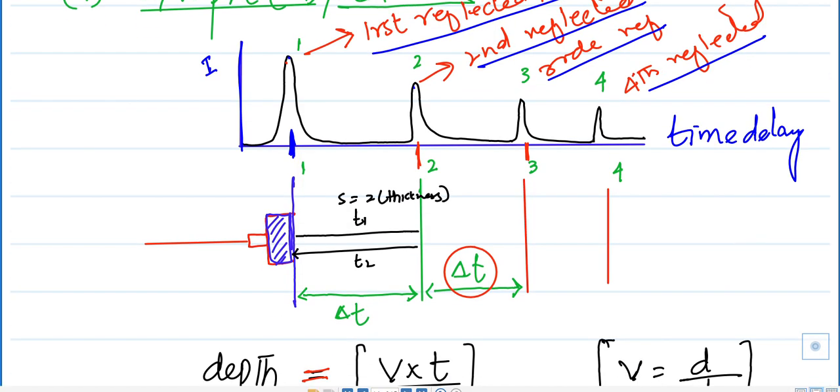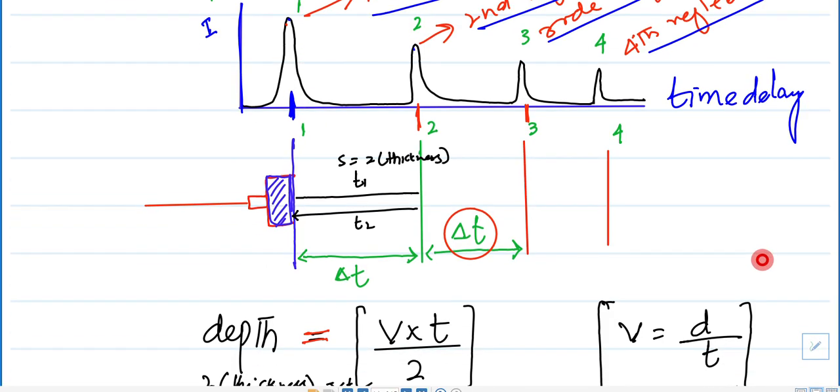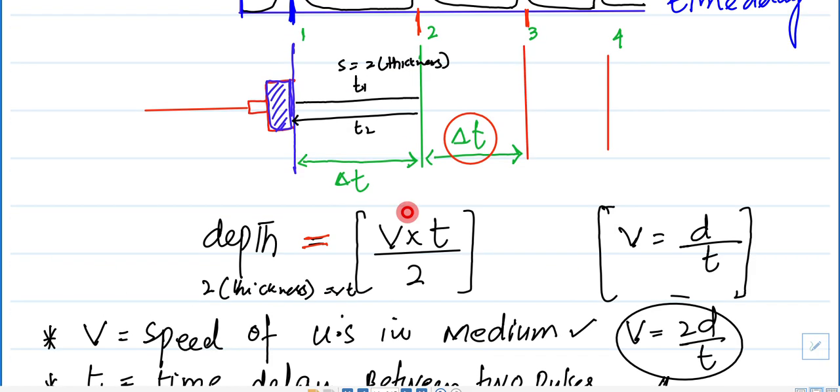Below I have mentioned that when you apply the ultrasound transducer on the gel, some of the intensity is coming back to you from the skin, the next comes back after traveling this distance, the next after this distance, and so on. Everywhere the ultrasound is echoed, the ultrasound is reflected.